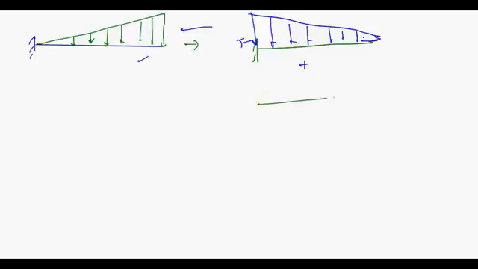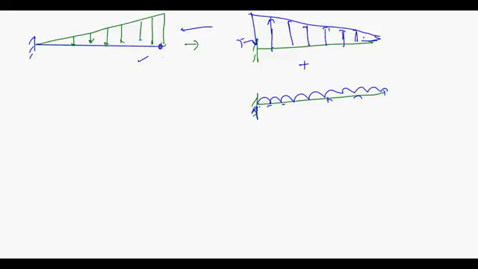If you apply your mind slightly, you can draw another cantilever, and you use UDL in the downward direction here, and here you can use it in the upward direction.